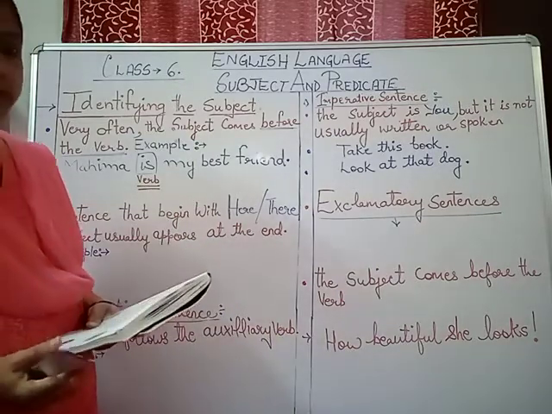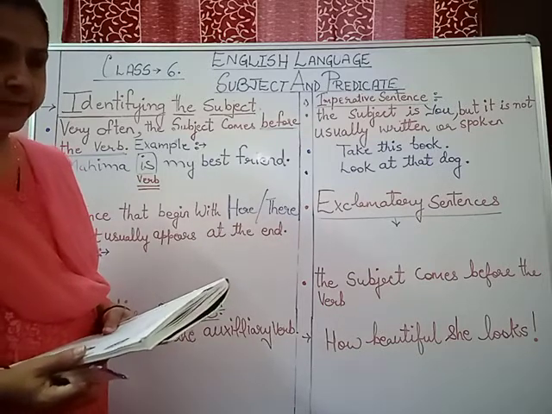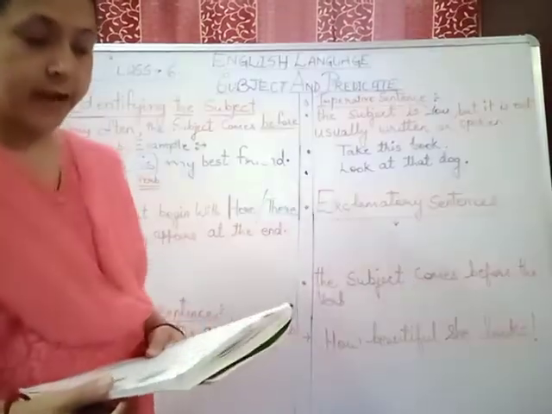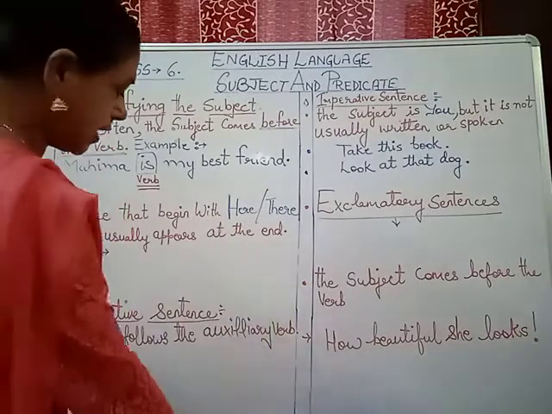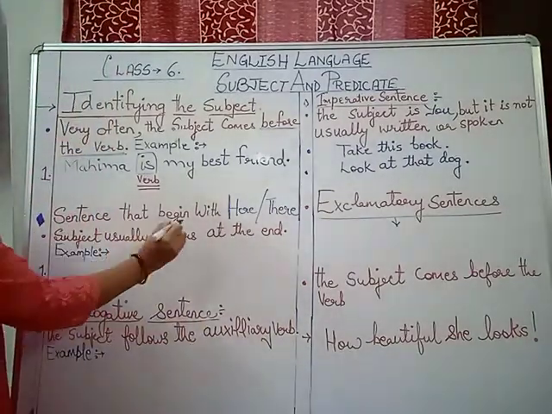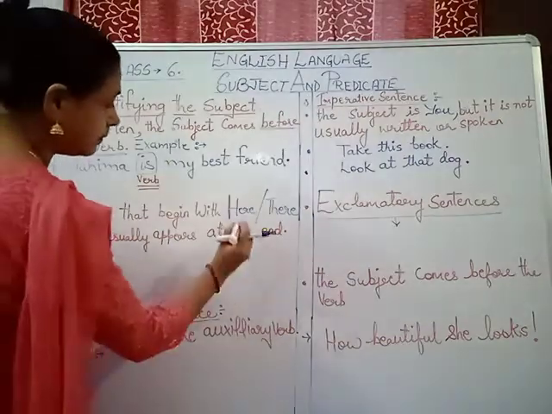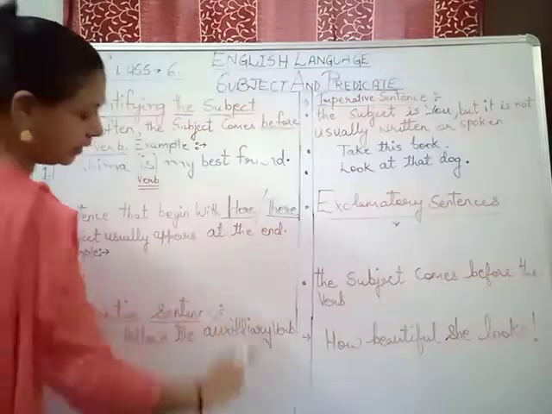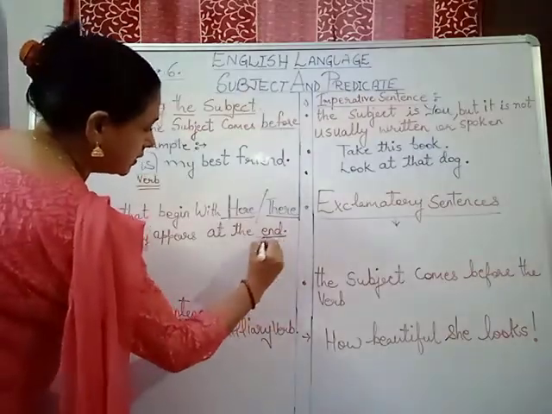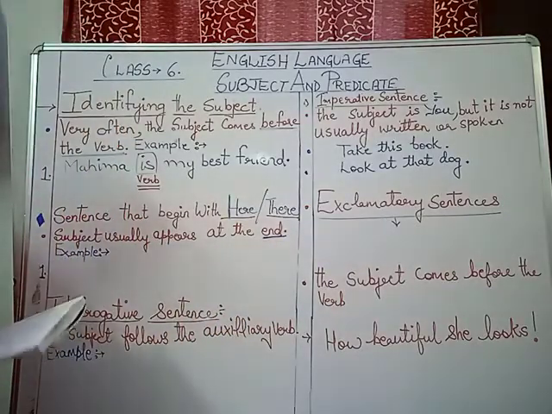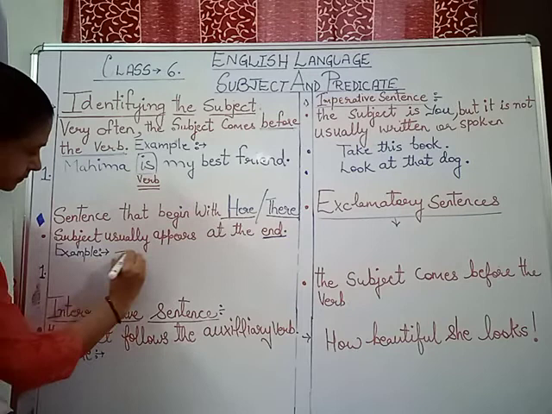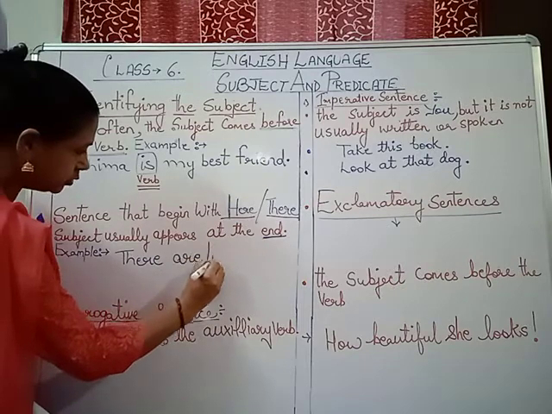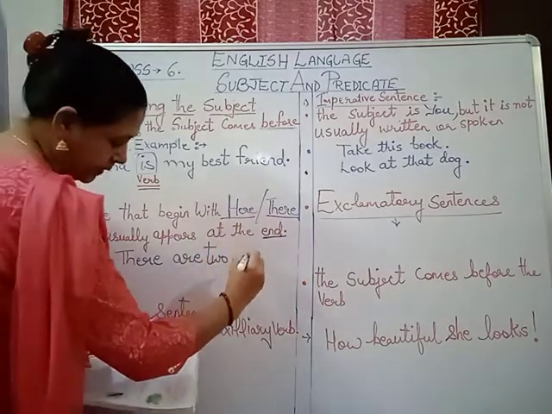Sentences that begin with "here" and "there": in such sentences, the subject usually appears at the end. Let's take for example, "There are two puppies."